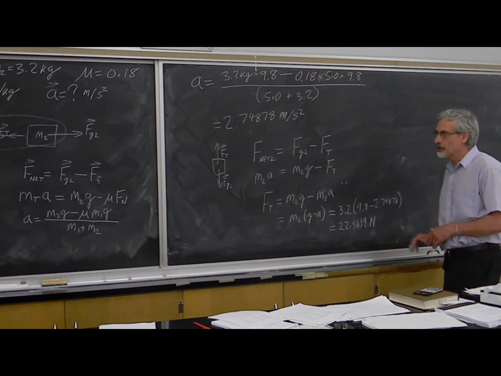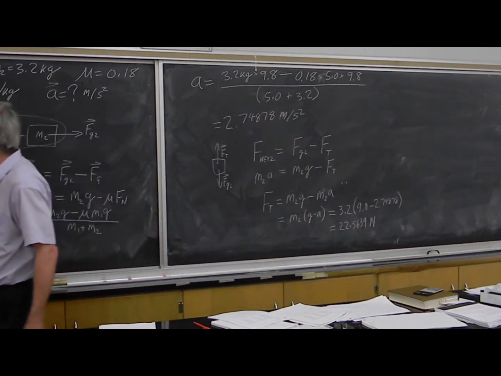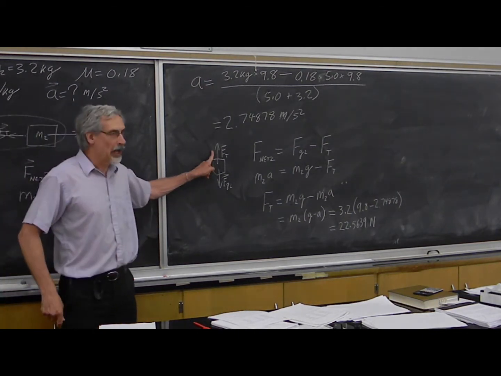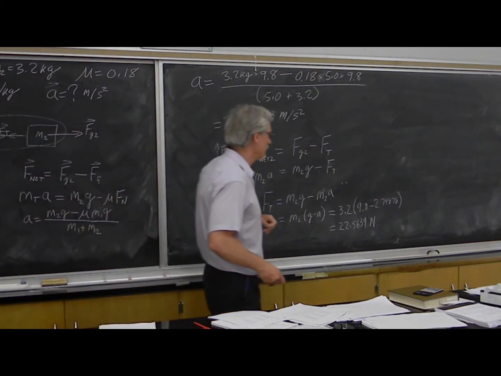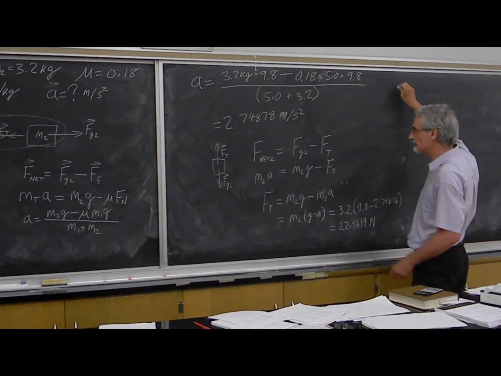Now that force, we can get the direction from the original diagram. It will act upwards on this object and forward on the other object. So here's our final statement.